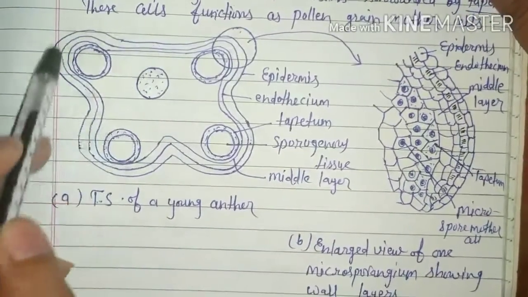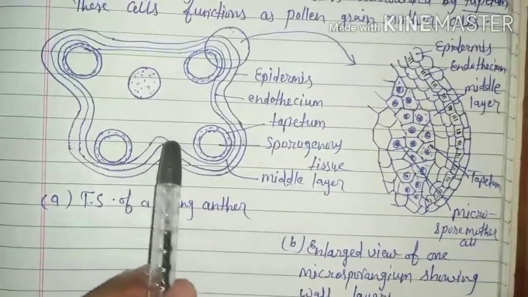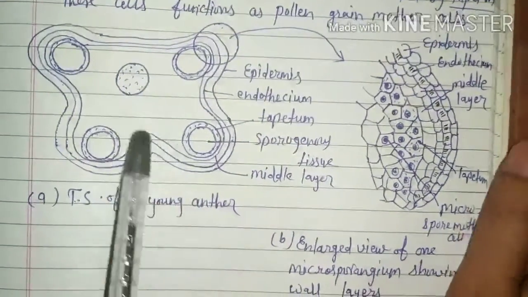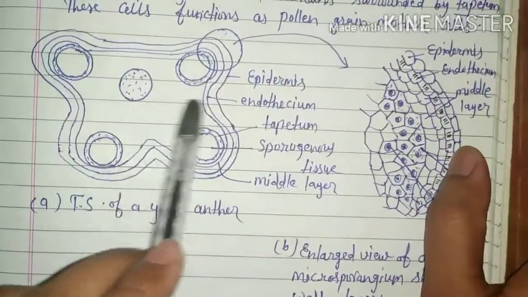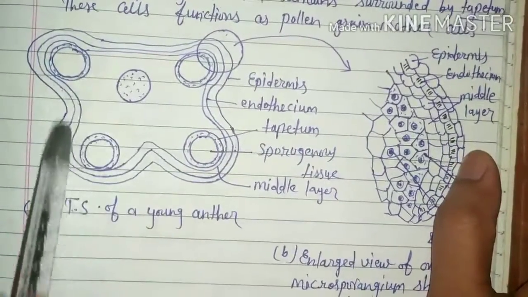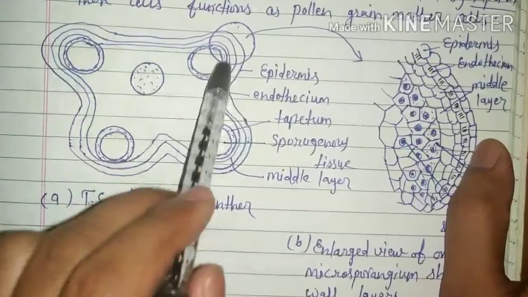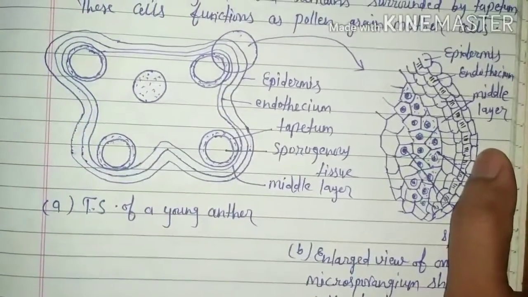Microsporangium means 4 pollen chambers or 4 pollen cells. It is divided into 2 lobes. Each lobe consists of 2 microsporangia. It means 1, 2, 3, 4 microsporangia.